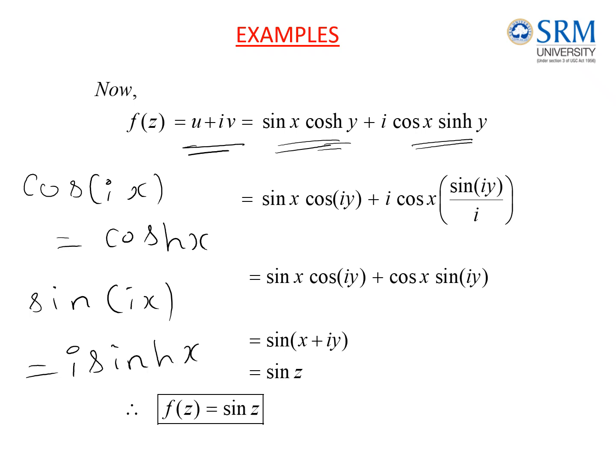This is the relation between hyperbolic and circular functions. So I can rewrite cosh y as cos of iy and sinh y as sin iy divided by i.